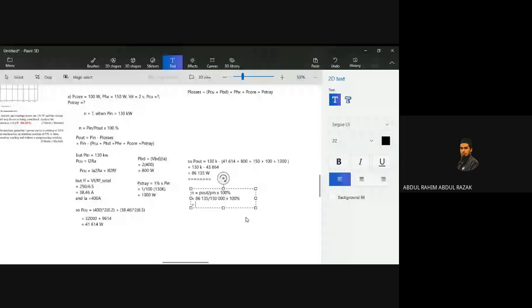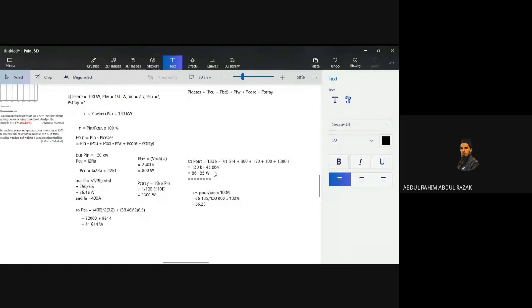The other macam mana? 800, 50 tambah 17. P 41614 betul ke? Ke ada lain? 41614.